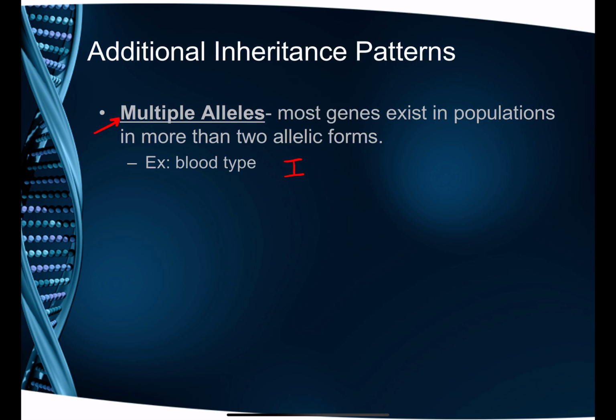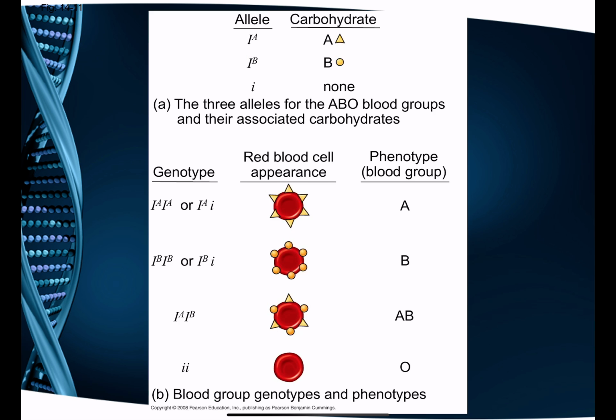In blood type, you have I big A, you have I big B, and you have little i. We always have a red blood cell in all of them that looks the same. O blood type has two little i's.